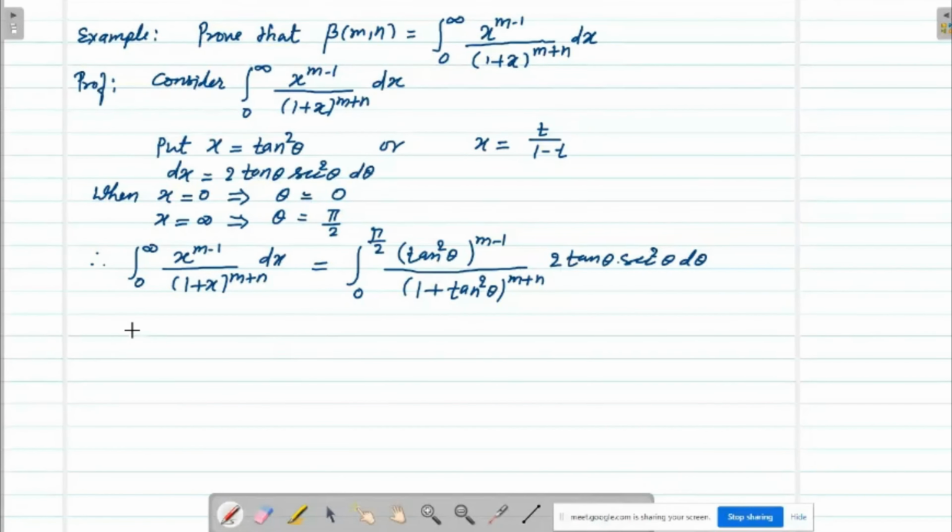Just simplify this. The 2 is a constant term, so we take it outside: 2 times the integration of limit 0 to pi by 2.